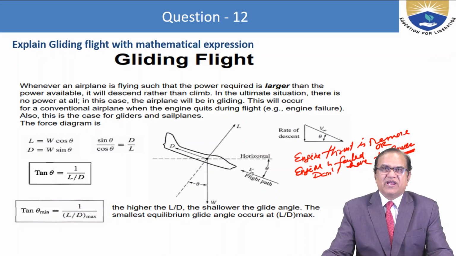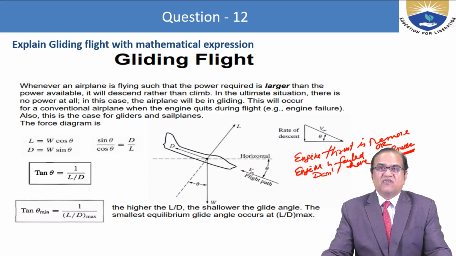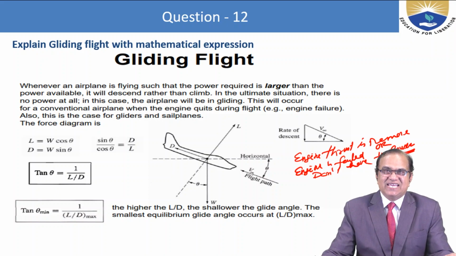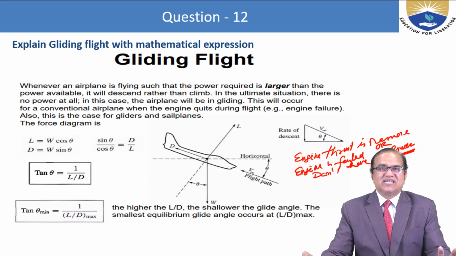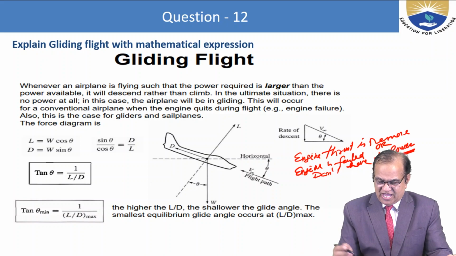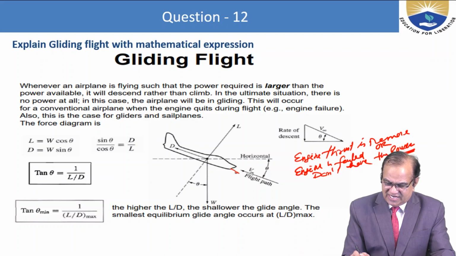This will occur for a conventional airplane when the engine quits during flight, that is engine failure. Also, this is the case for a glider and the sailplane. The forces acting are shown in this diagram. So if you see, it is gliding like this. Lift is perpendicular here, drag is in this direction, weight is in this direction.